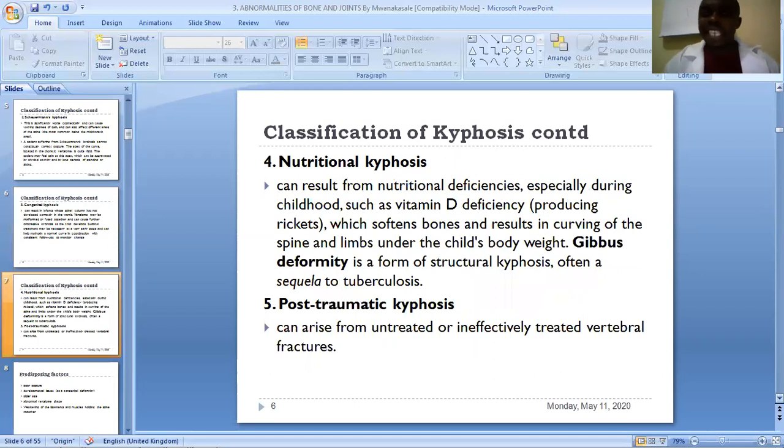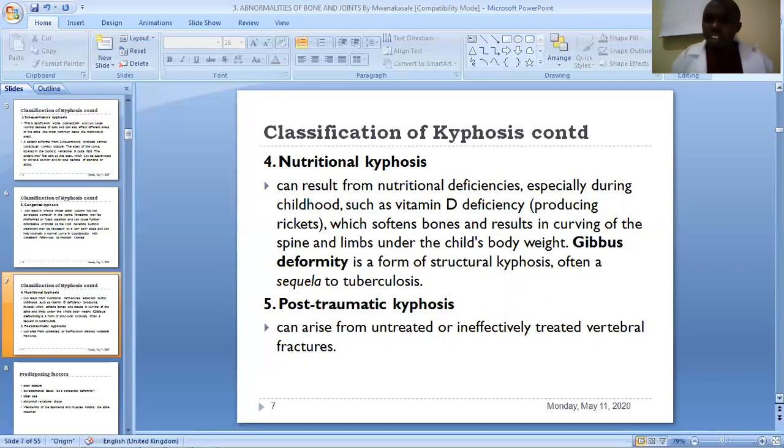The other classification is nutritional kyphosis. This one can result from nutrition deficiency, especially during childhood, such as vitamin D deficiency. Now, from your anatomy or nutritional background in nursing, you'd agree with me that vitamin D is cardinal for the absorption of calcium. And calcium is important for the strength of our bones.